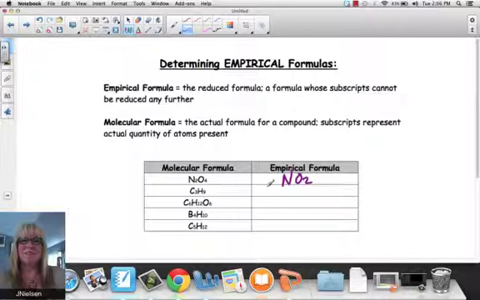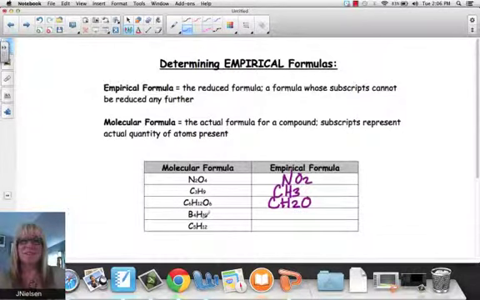C3H9 can be reduced to CH3. 3 goes into 3 once, and 3 goes into 9 3 times. Glucose, C6H12O6, 6 goes into 6 once, 6 goes into 12 twice, and the 6 goes into the 6 once, so CH2O.